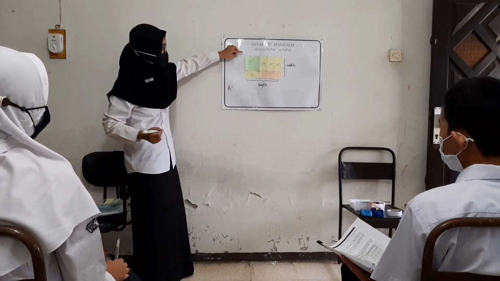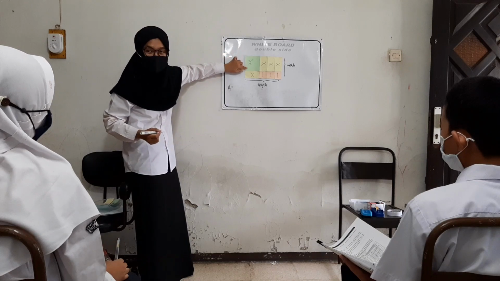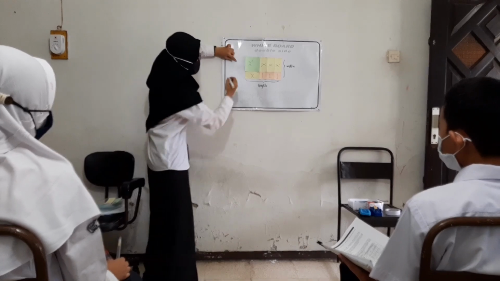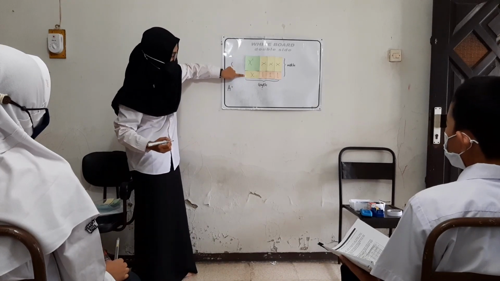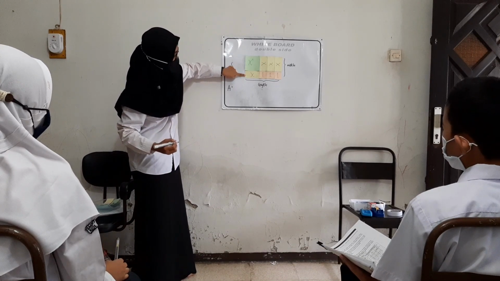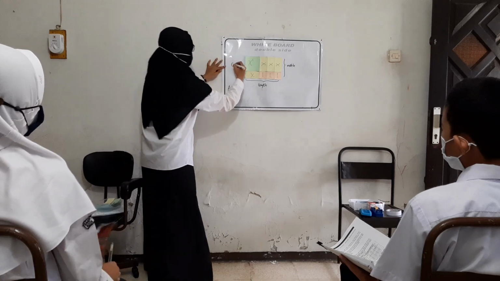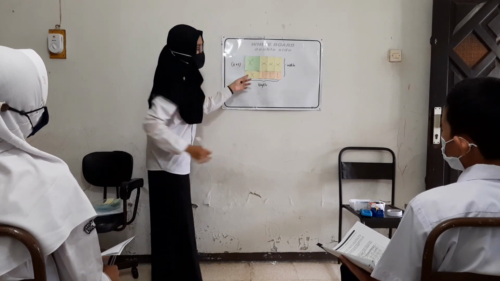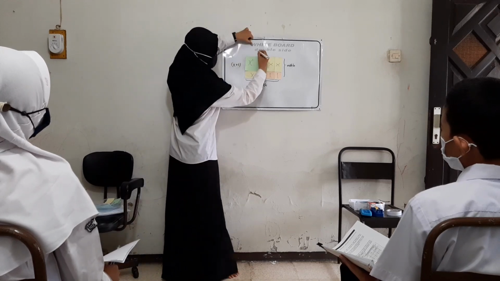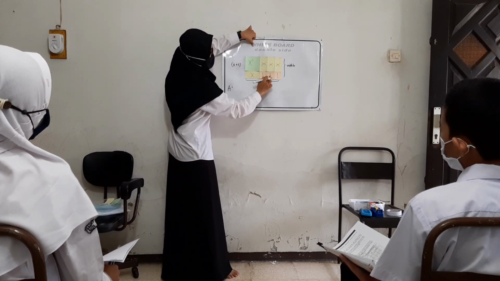For the width, we get the size of this rectangle is x plus 1. And the length of this rectangle is x plus 1, 2, 3.